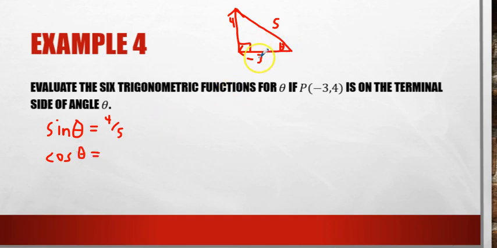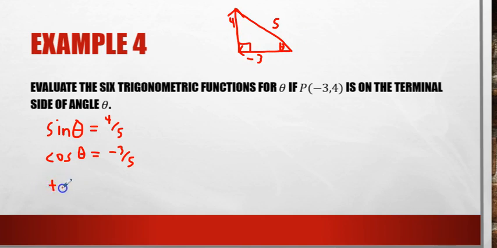So for cosine, adjacent over hypotenuse, I'm actually going to end up with -3 over +5. Now your hypotenuse will always be positive, but I'm encouraging you to use the sign of the x and y coordinates on the base and the height of the triangle, even though it does not make sense to say that this length is -3 long. So cosine is -3/5 because we're dealing with an angle that's in the second quadrant.